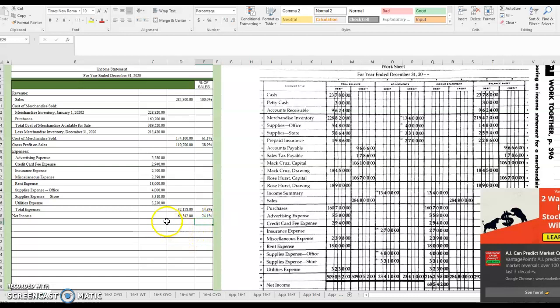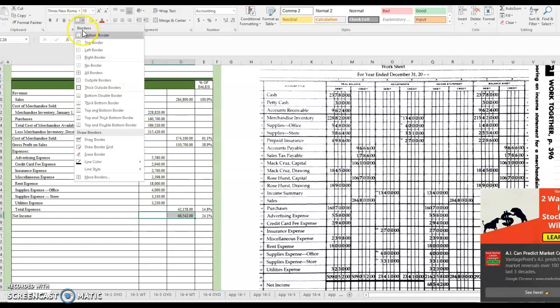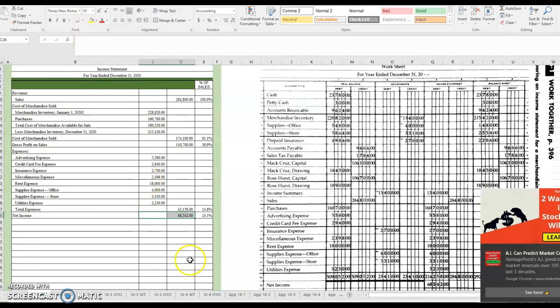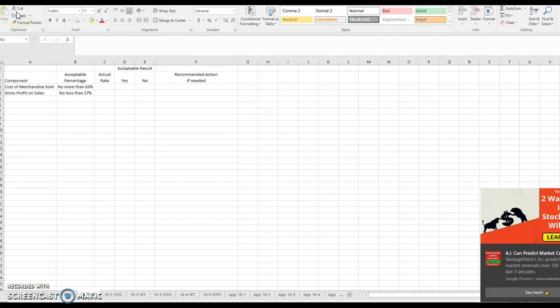So except to rule and put our double underlines in our document, that is the income statement for 16.1 work together. So the 16.2 work together.